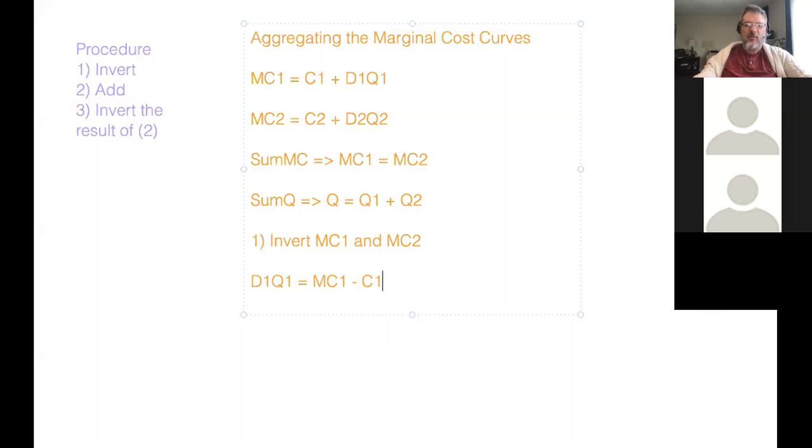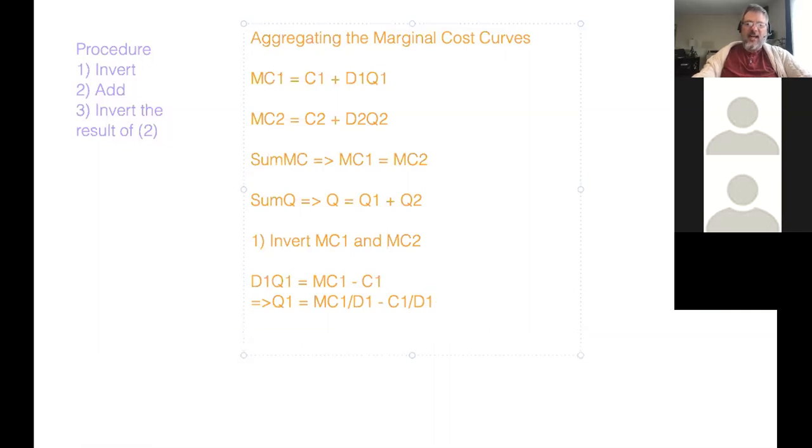This is really similar to what we did before. The only difference is that now we have this constant to drag around, and that's going to make the algebra a little bit messy. From there, Q1 is equal to MC1 divided by D1 minus C1 divided by D1. If you see an algebra error or anything doesn't make sense to you, go ahead and let me know.